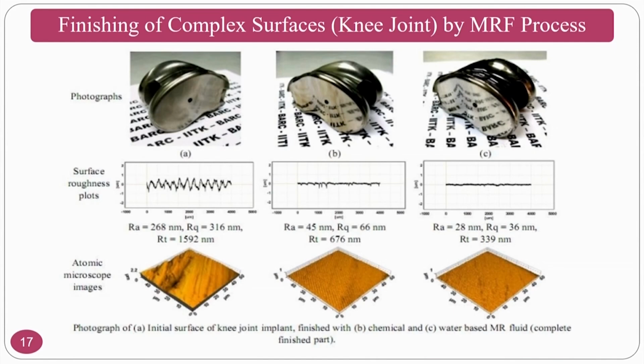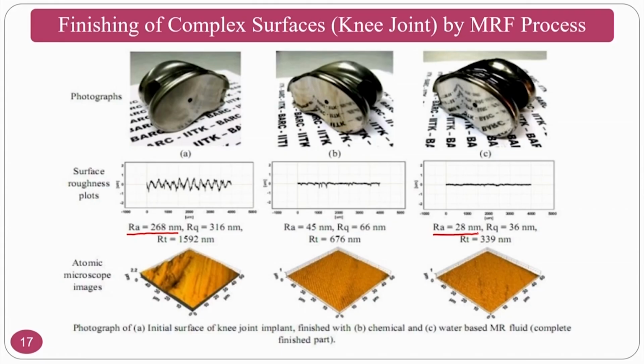Apart from this, Professor V.K. Jain's lab has also done experiments on finishing of knee implants for biomedical applications. The initial surface roughness Ra is 268 nanometers, but after finishing it is greatly reduced to 28 nanometers.